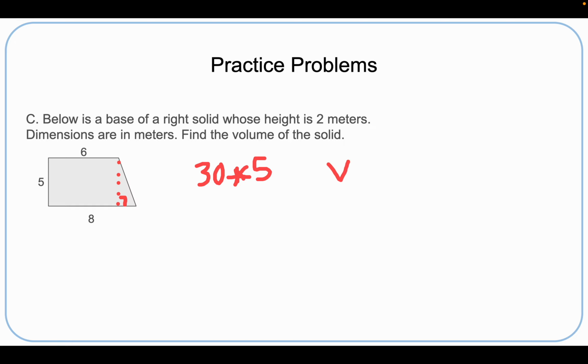Then to find the volume is going to be the base, 35, times the height, which was 2 meters. So our volume here is then 70 cubic meters.